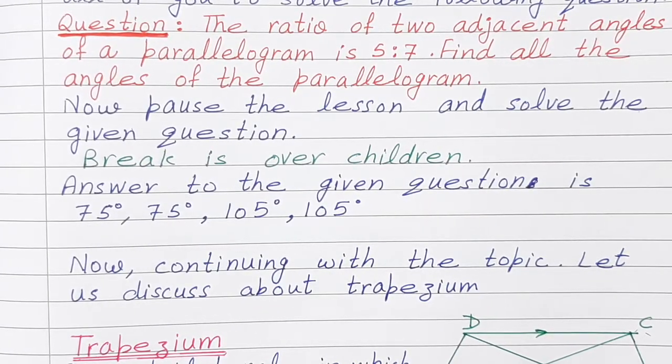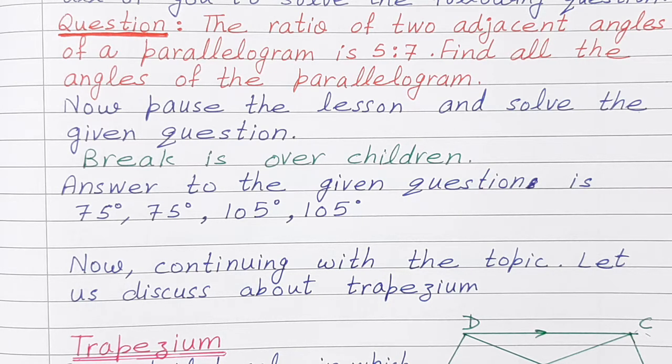Children, I hope now the concept of parallelogram is clear to everyone. It is important to understand the properties of square, rectangle, rhombus and how they are different from each other, which is very important, right? Now, you can pause the lesson for 4 to 5 minutes, and in the meantime, I want all of you to solve the following question.